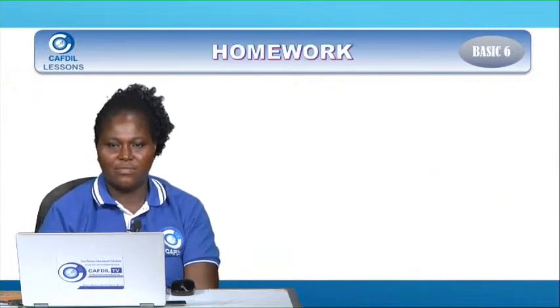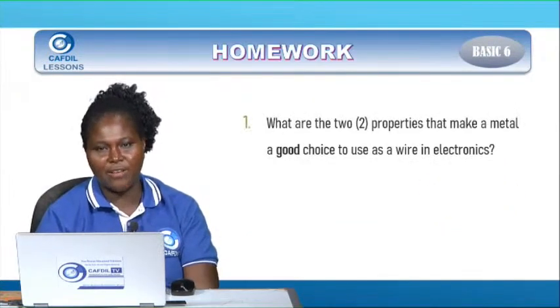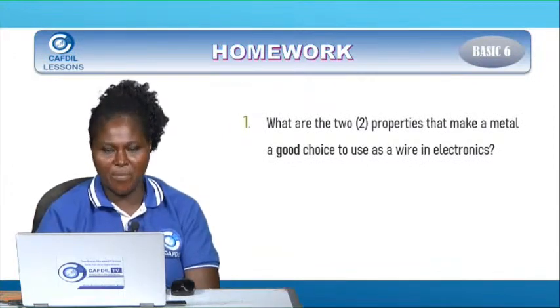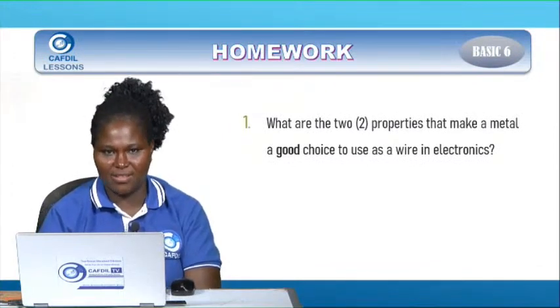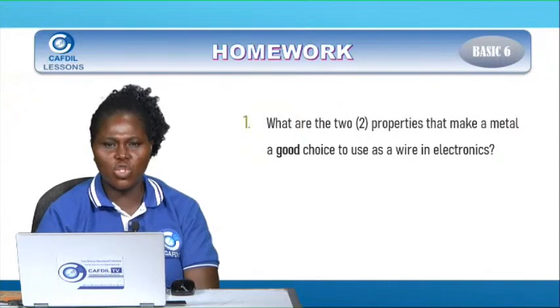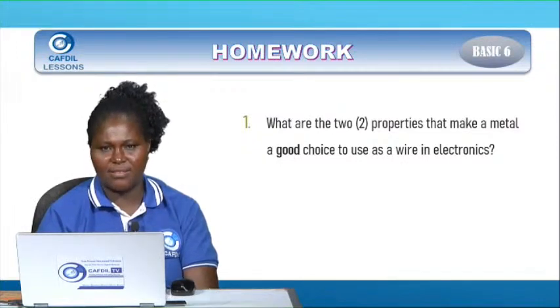Good. Now our homework for today on the general properties of metals. Number 1, what are the 2 properties that make a metal a good choice to use as a wire in electronics?